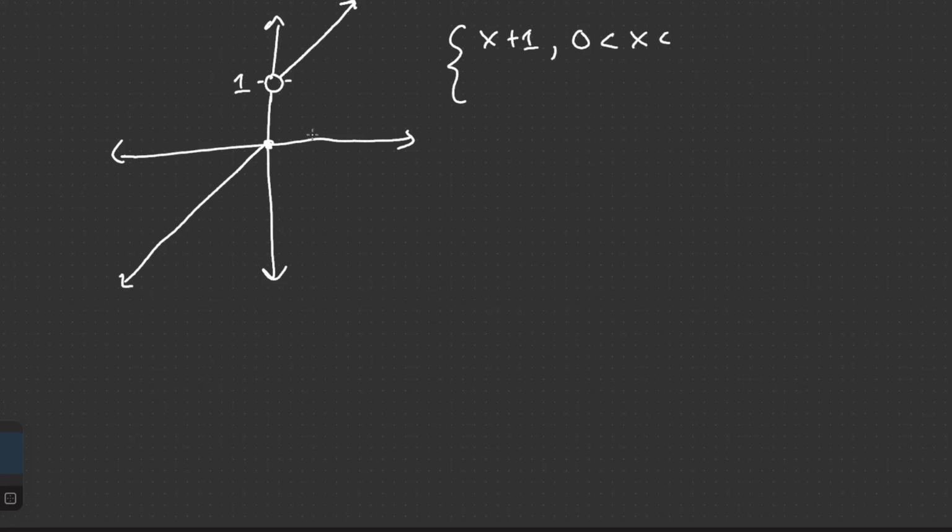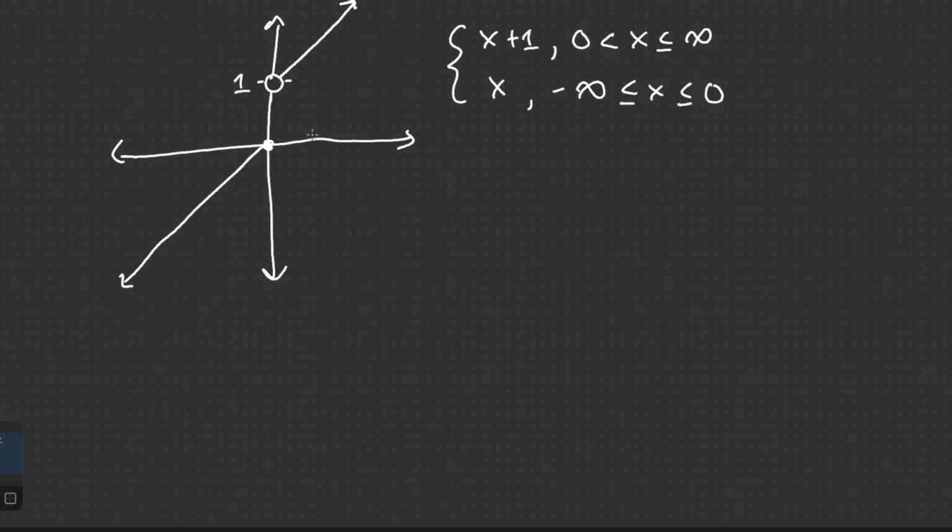From 0 to infinity, and it's x from negative infinity to 0, right? So 0 is on this side, and 0 is not included on this side. But you get the idea.